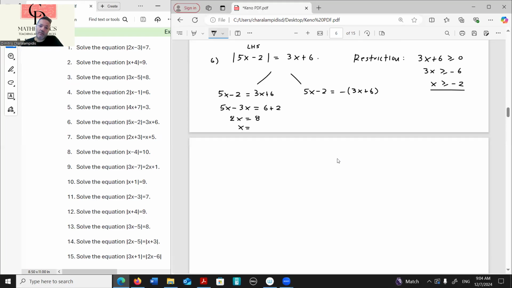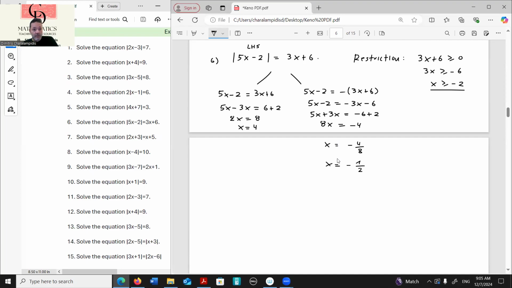So x equals 4. Or 5x minus 2 is minus 3x minus 6, which means 5x plus 3x should be minus 6 plus 2. 8x equals negative 4. x equals minus 4 over 8, which means that is equal to minus 1/2.